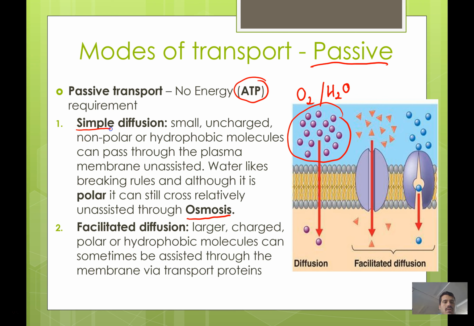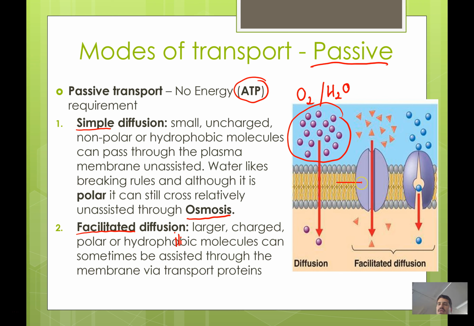So simple diffusion just happens. Facilitated comes from the word facilitate, which just means to help, and that just means that a large charged polar or hydrophilic molecule can sometimes be assisted through the membrane via these transport proteins like this.